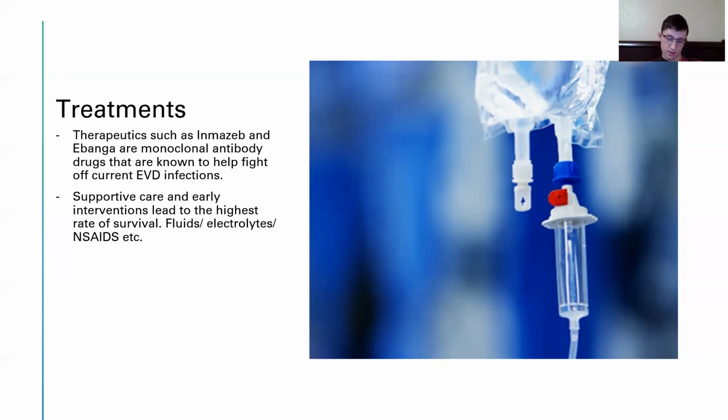By blocking that glycoprotein, it doesn't even allow the Ebola virus to even enter someone's cells. So these treatments are actually approved by the FDA, and it's the only known treatment to actually be effective against the Zaire Ebola virus. So that's pretty cool.